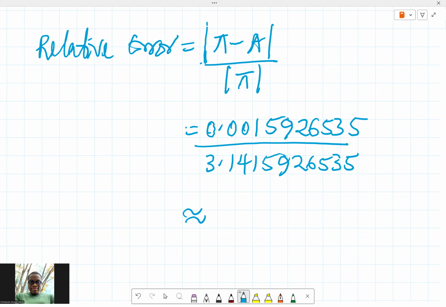So that is approximately 0.000507. That's the relative error now. Even that is approximated already.